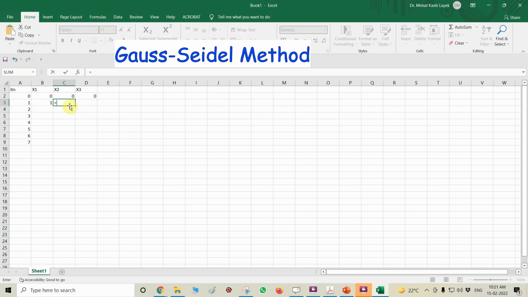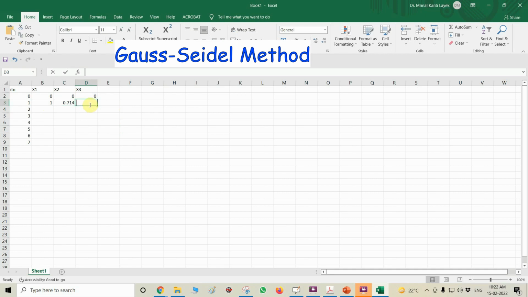The x2 value would be 0.571 plus 0.143 star this one, plus 0.286 star this one, okay.